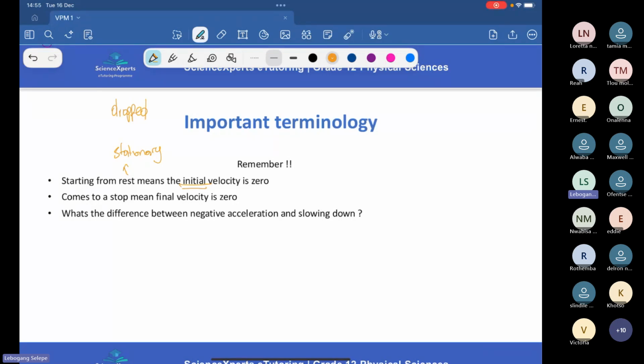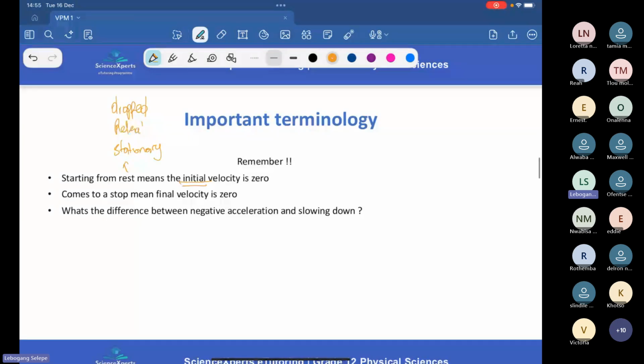They can also use words like the object has been released. Released, the initial velocity is 0, right? So starting from stationary, starting from rest, the object is released, the object is dropped. They all mean that the initial velocity is 0, right?